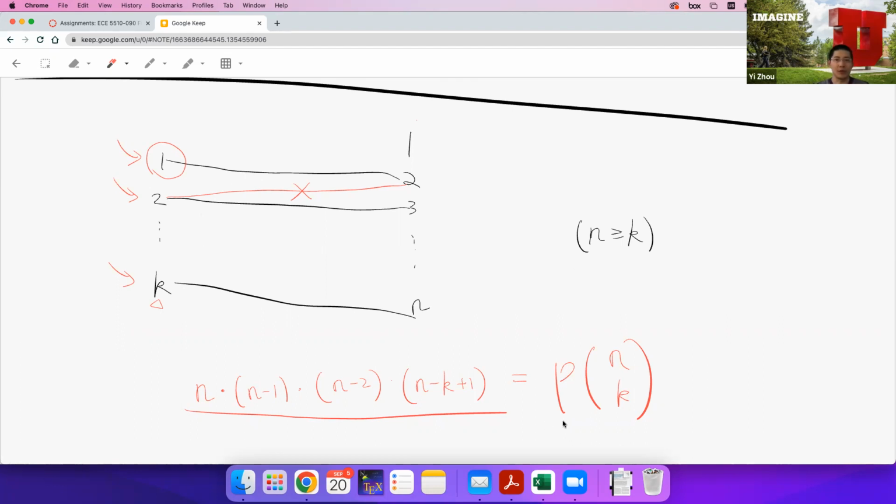So this is a permutation problem. So basically, every ordered list of k that you create from this set corresponds to a one-to-one mapping. Okay.